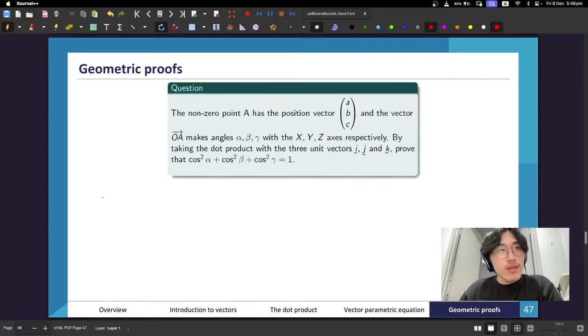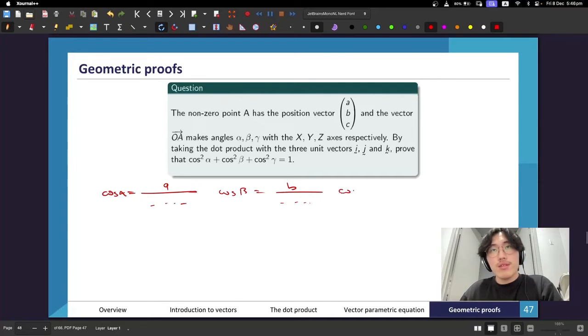Okay, now we have that cos alpha equals a on the root, cos beta equals b on the root, cos gamma equals c on the root. Now cos squared alpha will equal a squared on a squared plus b squared plus c squared.